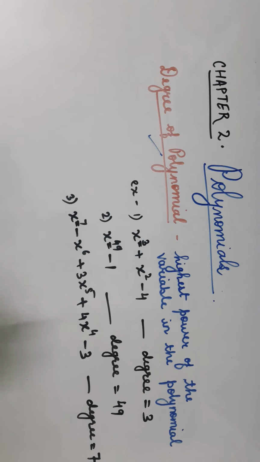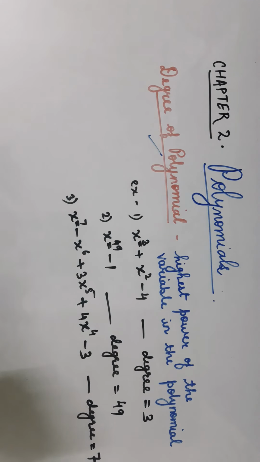So in today's lecture we have seen how to find whether the given algebraic expression is a polynomial or not. Simply, if all the powers are whole numbers, it's a polynomial. If not, then it is not a polynomial. Clear? Then we saw how to find degree of a polynomial.